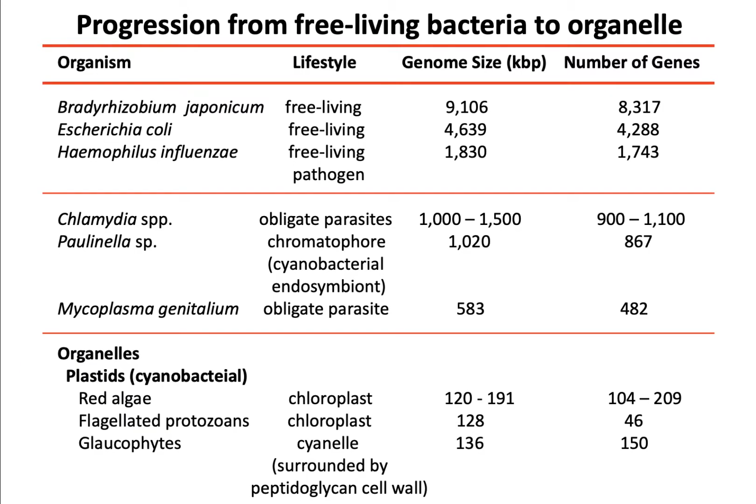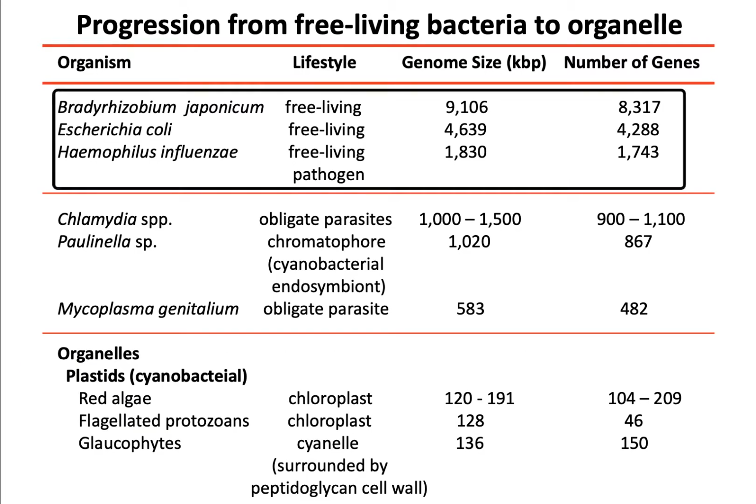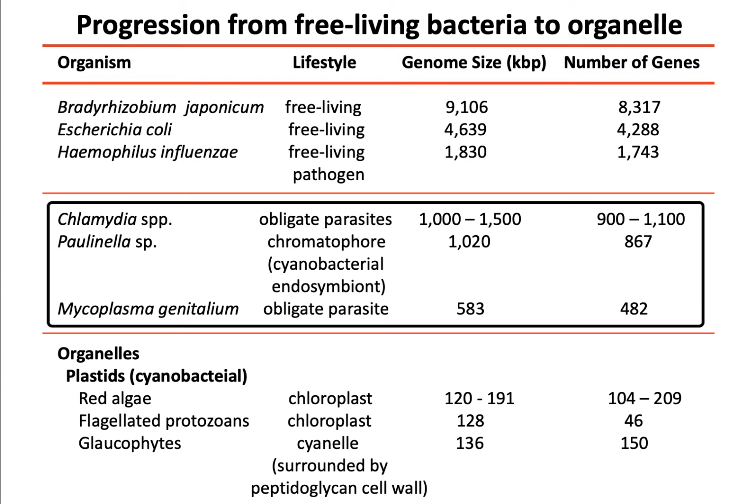Here are a few other examples. Bradyrhizobium has 9.1 million base pairs of DNA in the genome and about 8,300 genes. E. coli, about 4.7 megabases, Haemophilus, 1.8 megabases of DNA, and from about 1,700 to 4,300 genes there.